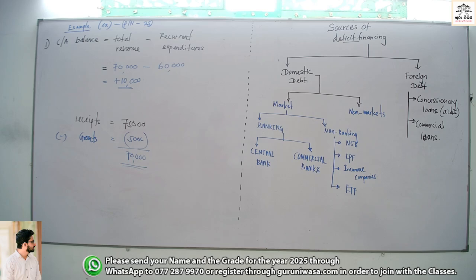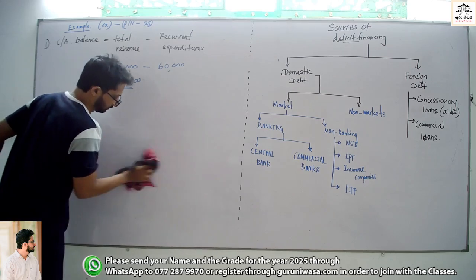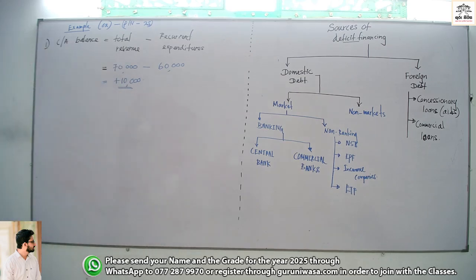Second one, overall balance. Good. Current account balance. Okay. How to calculate overall balance?